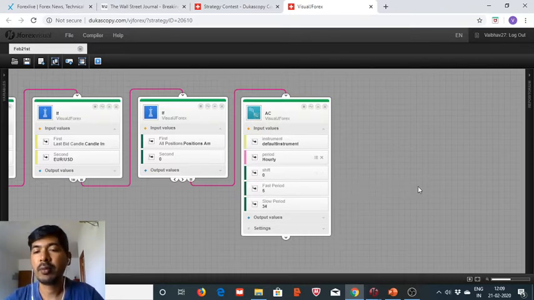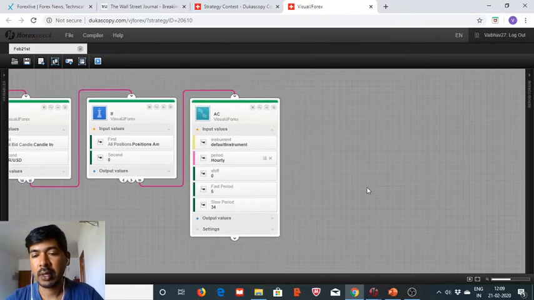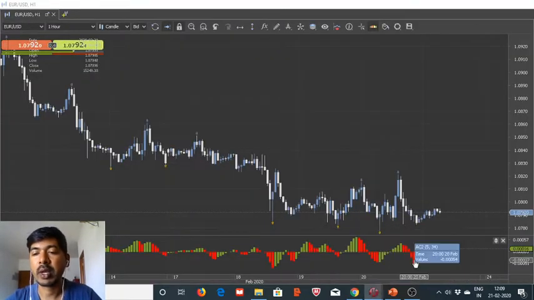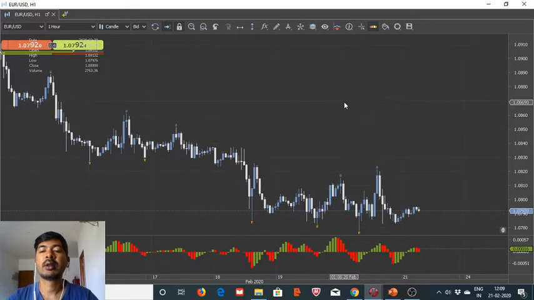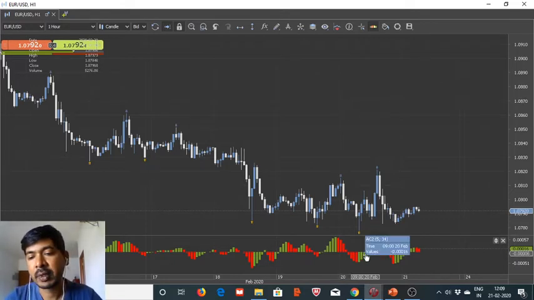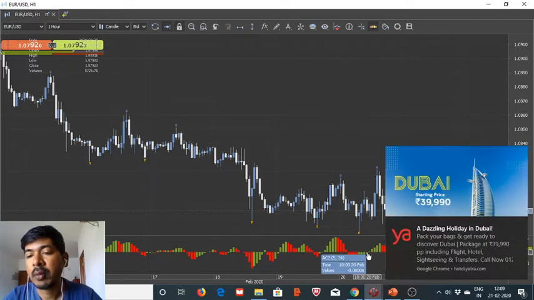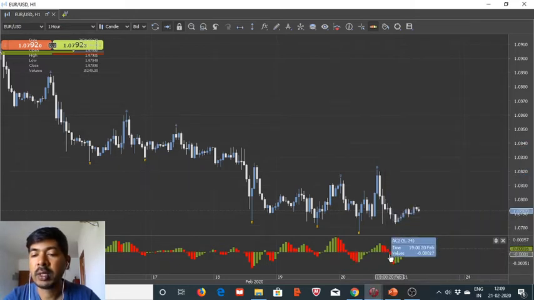Now, as I said, we will simply be looking at the trade setup, which will open a trade when the momentum shifts from bearish to bullish. Then the buy trade will be opened, and when the momentum shifts from bullish to bearish, a sell trade should be opened.